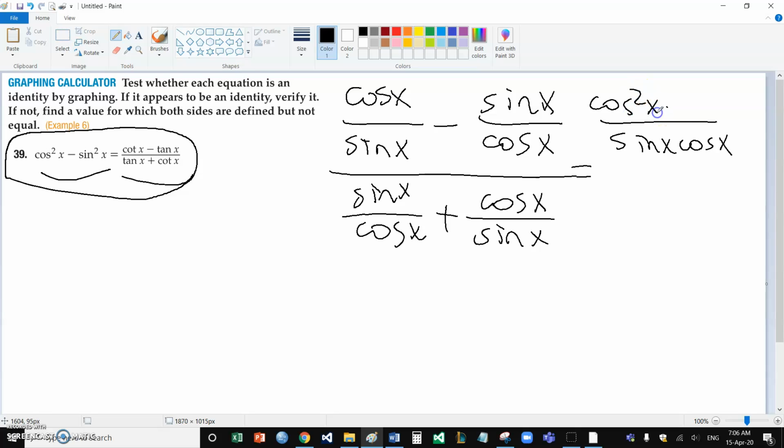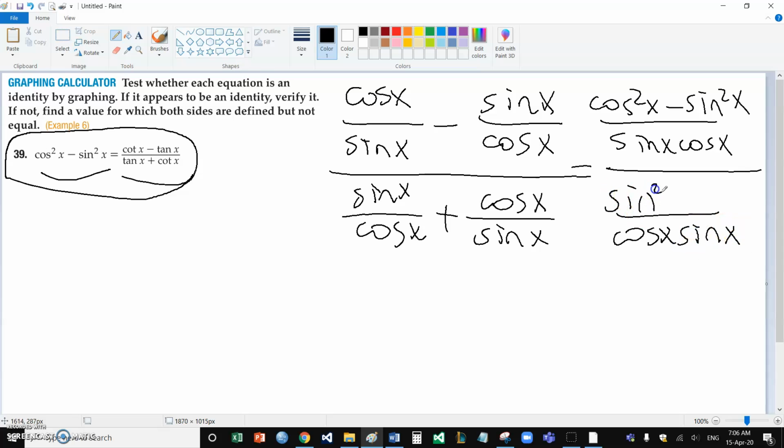We get cosine square x minus sine square x over the same common denominator, cosine x sine x, times sine square x plus cosine square x.